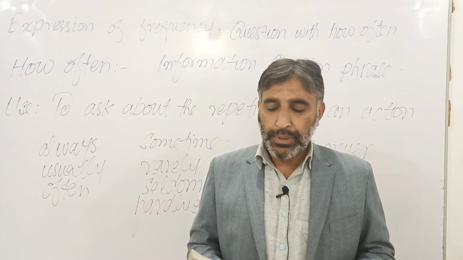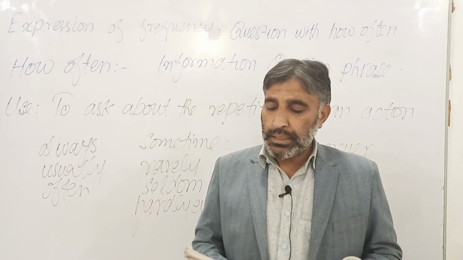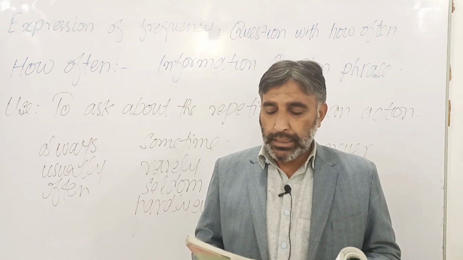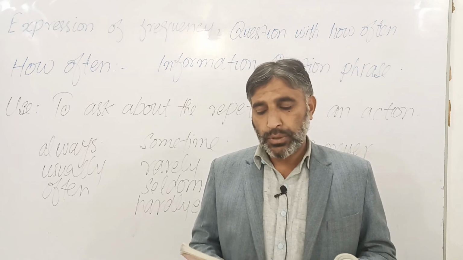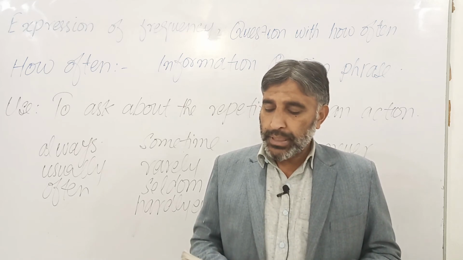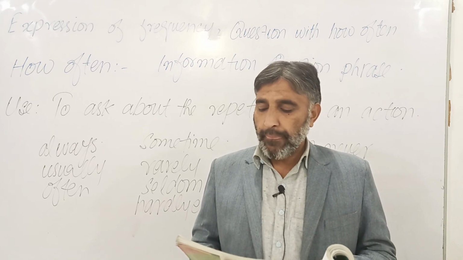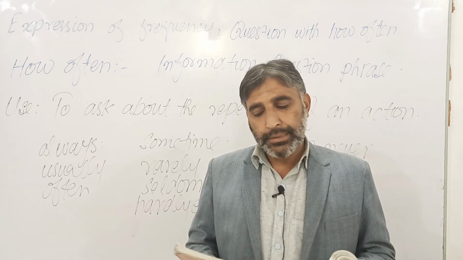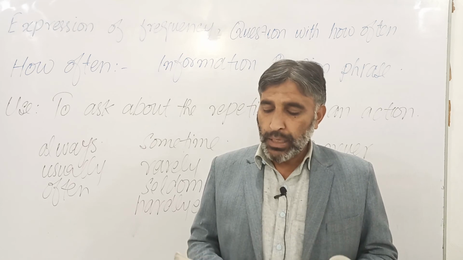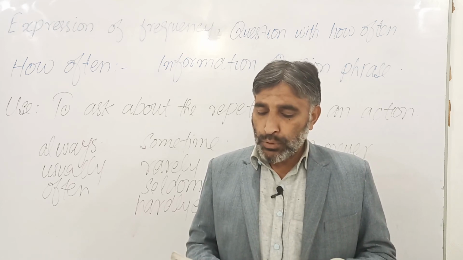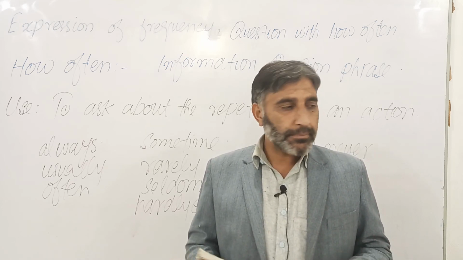Number 8: how often does she study now that she is in college? Every night. Very good. Number 9: how often do Gino and Christina go out together? Every Wednesday and Sunday. Number 10, the last one: how often does Sam go to classes at night?